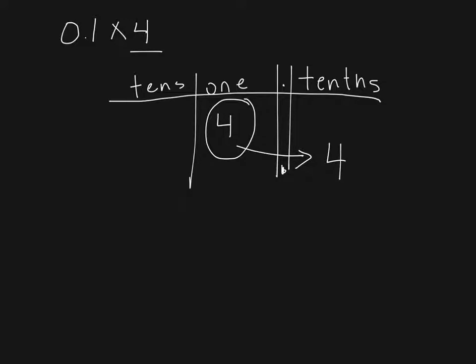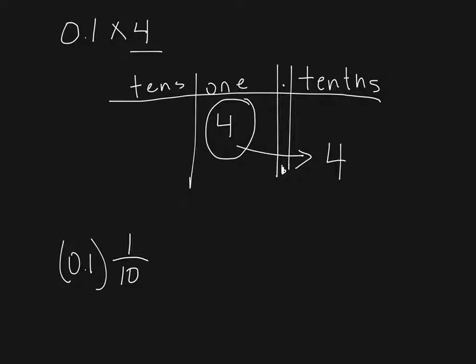Now let's think about how we could turn this 1/10 times 4 into a fraction. Of course, we're going to write 0.1 as a fraction instead of a decimal, and that's written as 1/10. And just over here to the side, I'm going to put in parentheses 0.1.